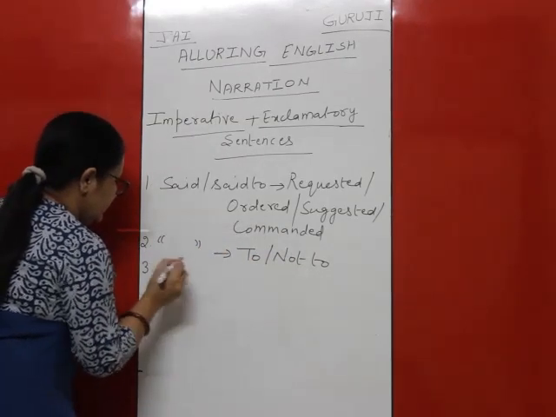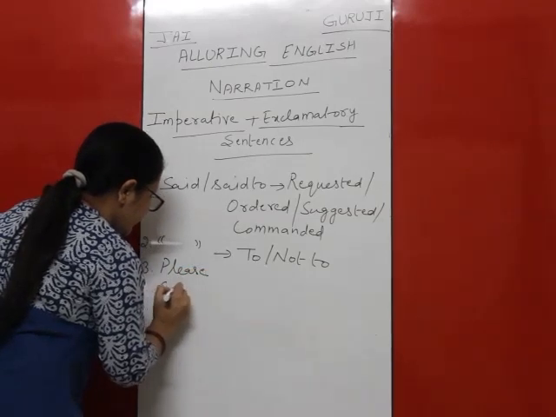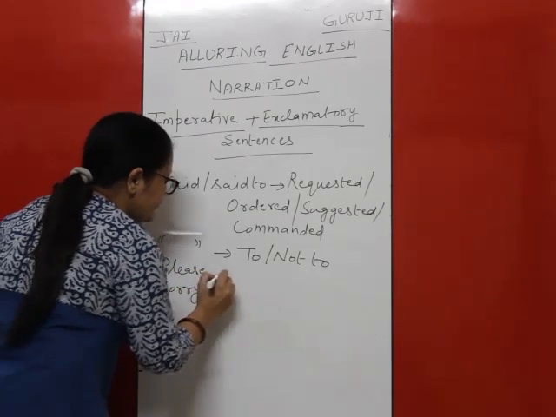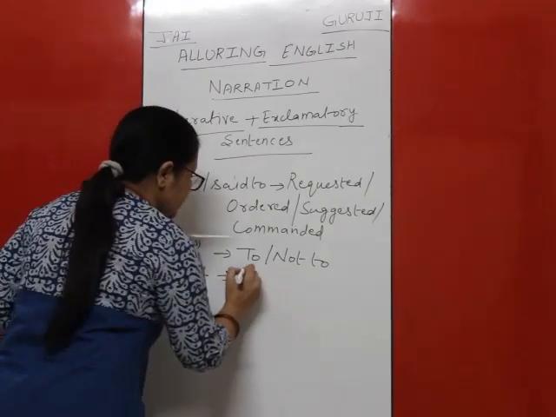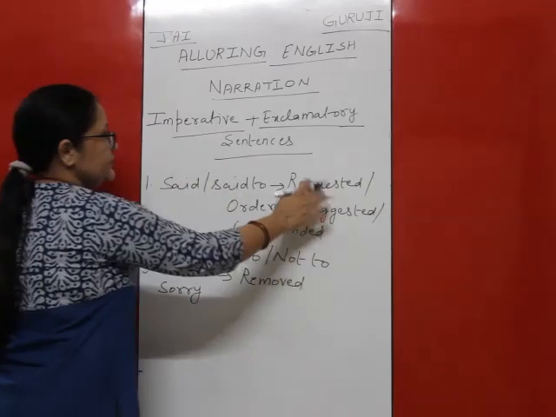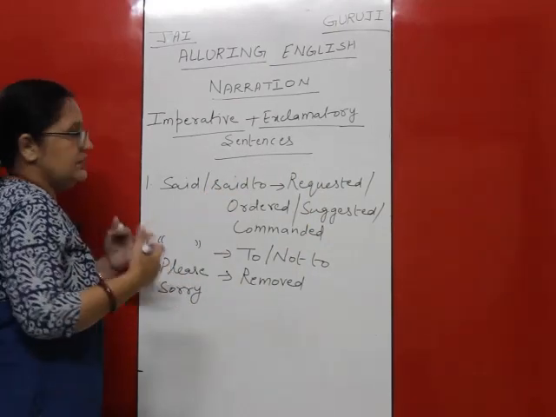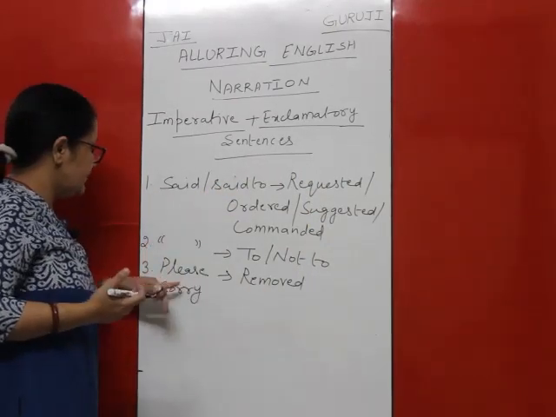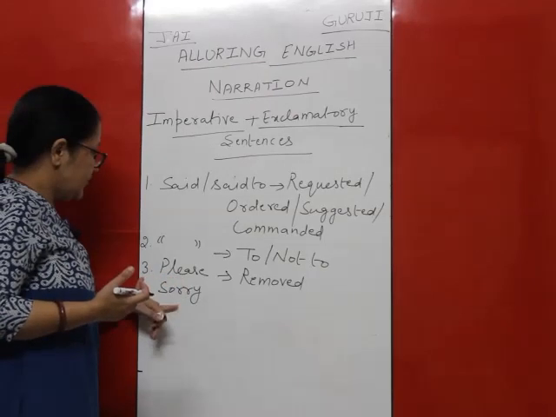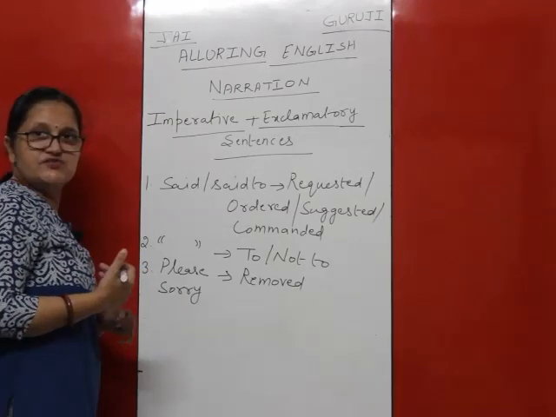Then the words like please or sorry will be removed from the sentence as we are using the word requested. So it is very much clear that requested means we are requesting something, so there is no need to use the word please. Sorry is used for apology. So in the same way, we have to remove this word as well.